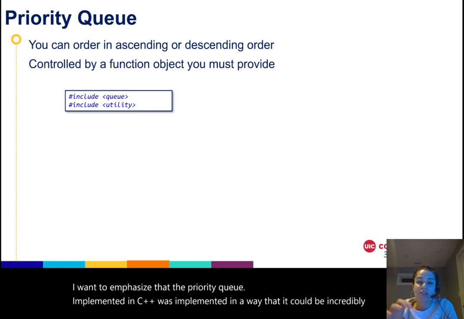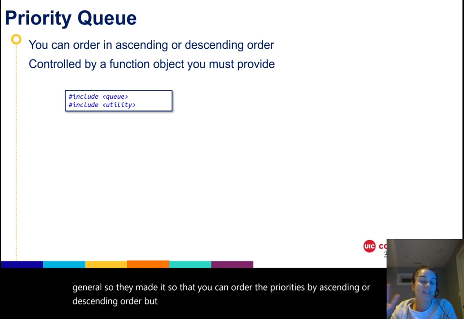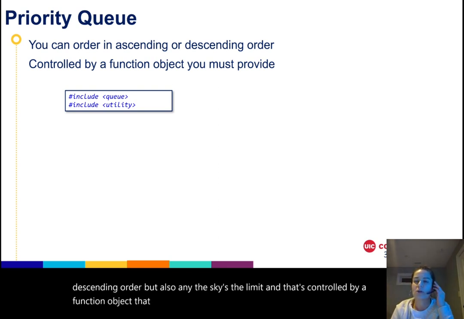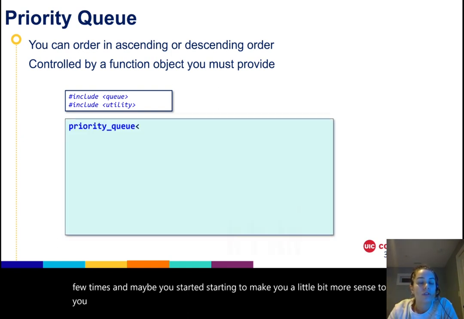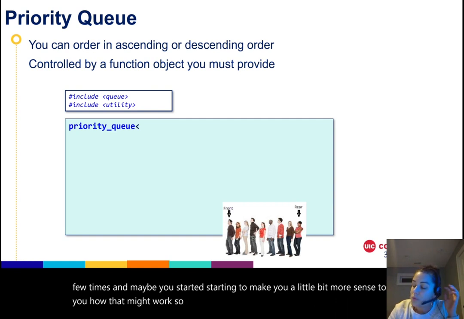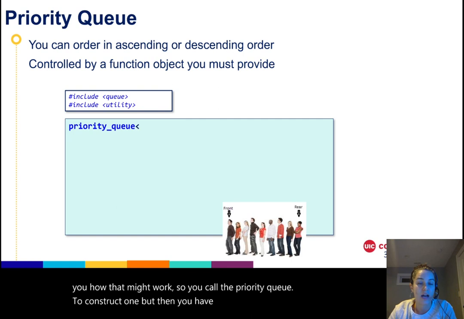So they made it so that you can order the priorities by ascending or descending order, but also like the sky's the limit, and that's controlled by a function object that you provide, which at this point we've kind of seen quite a few times, and maybe is starting to make a little bit more sense to you how that might work. So you call the priority queue to construct one, but then you have to provide all these types in the declaration call.